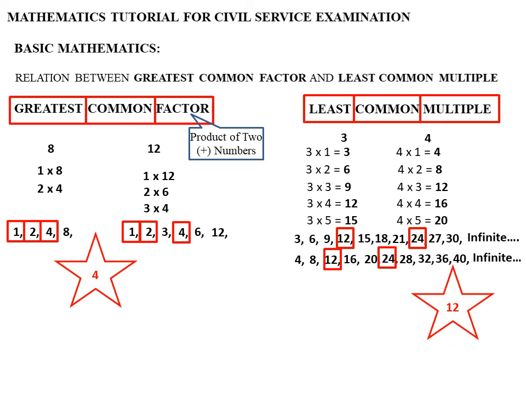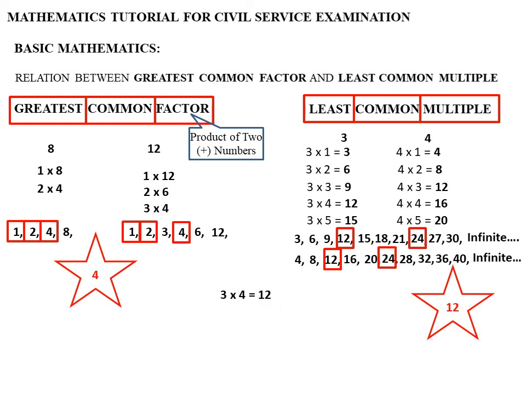Let's discuss the relation between the greatest common factor and the least common multiple. Let's say we have an equation: 3 times 4 is equal to 12.